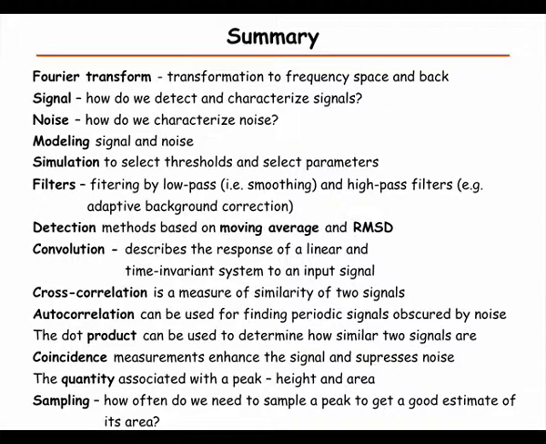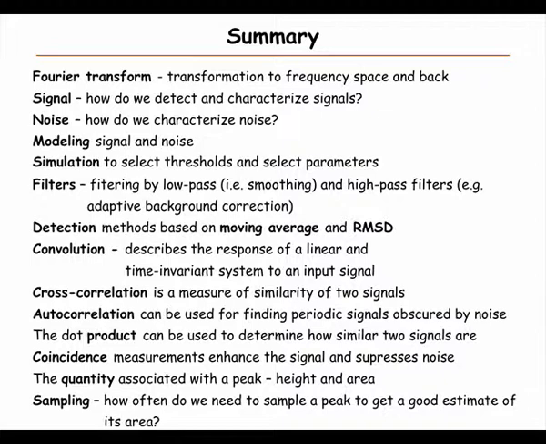We talked about detection methods based on either moving average or root mean square deviation. We talked about how to convolute signals, how to calculate the similarity between two signals with cross-correlation, and how to use autocorrelation to find periodic signals that are obscured by noise.